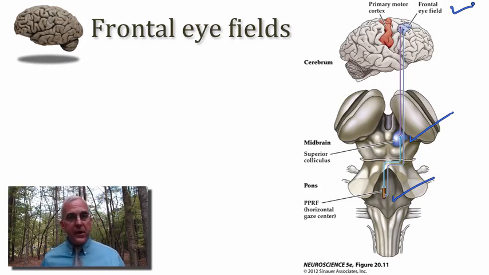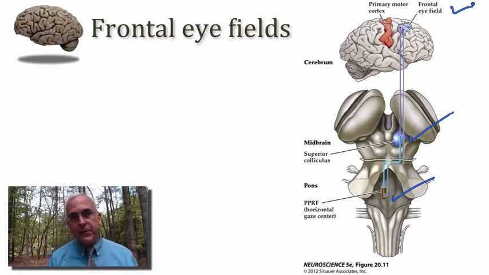But over some period of time, typically a couple of months, that deficit seems to go away, and saccadic eye movements are now relatively normal. And so it appears as though this redundancy allows the function of one structure to be compensated for by the increased capacity of the other to direct the positions of our eyes in the orbit.